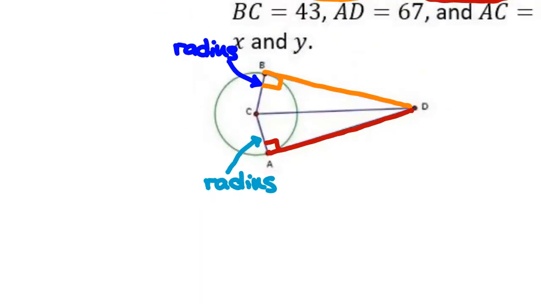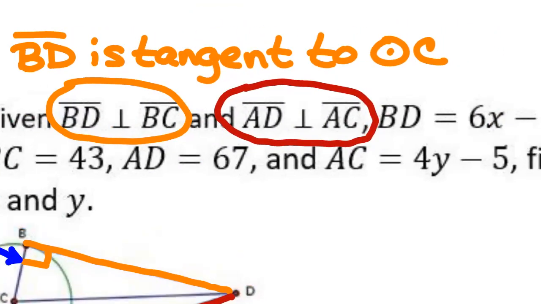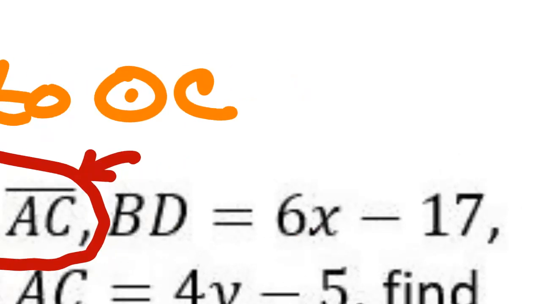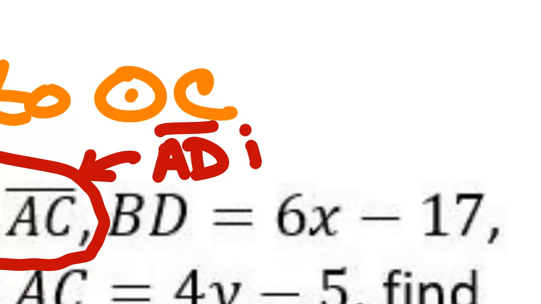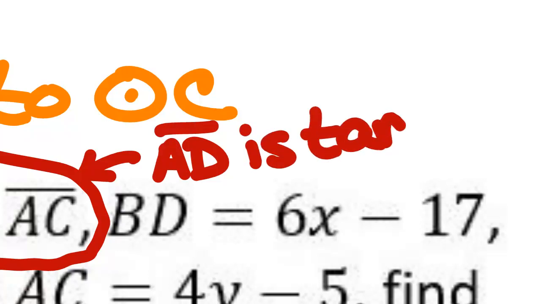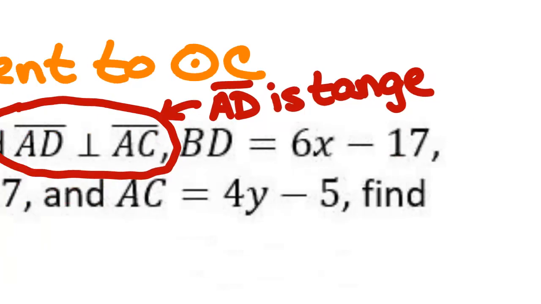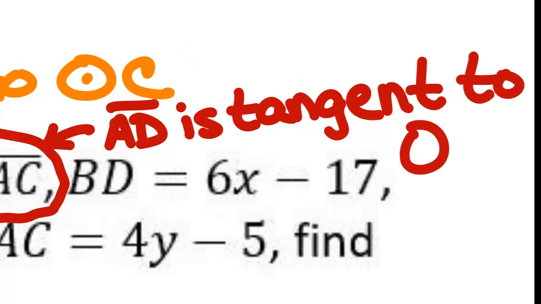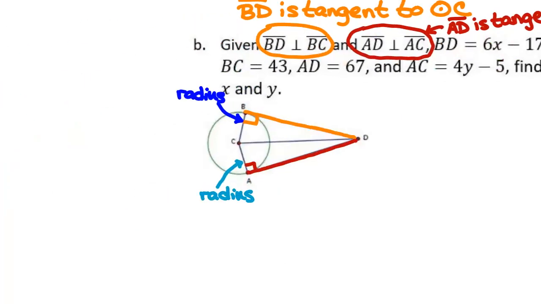So because AD is perpendicular to AC and AC is a radius, I know that AD is tangent to circle C. So I have two tangent lines.